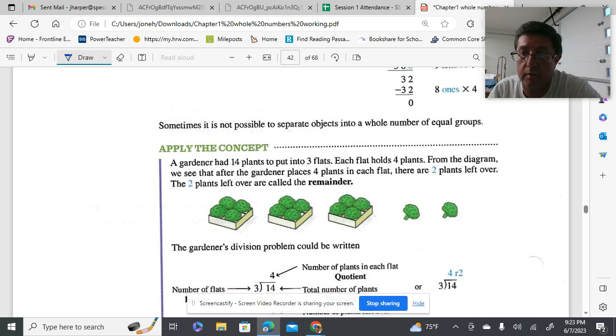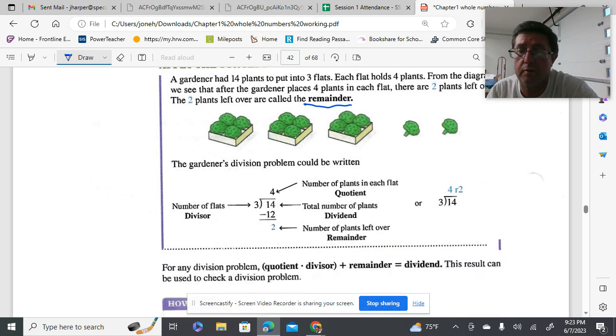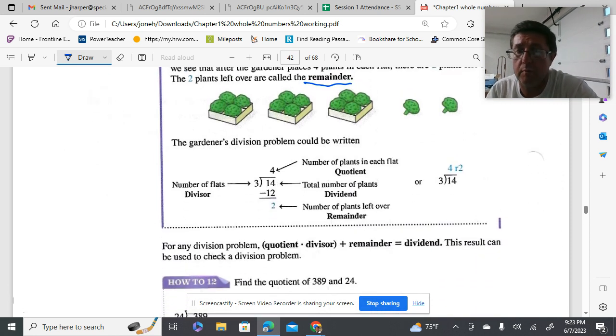From the diagram, we see that after the gardener plants 4 plants in each flat, there are 2 plants left over. The 2 plants left over are called the remainder. Now, I will also show you how to put remainders into fractions. But let's figure this out.